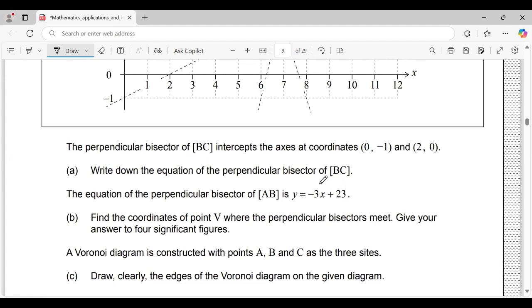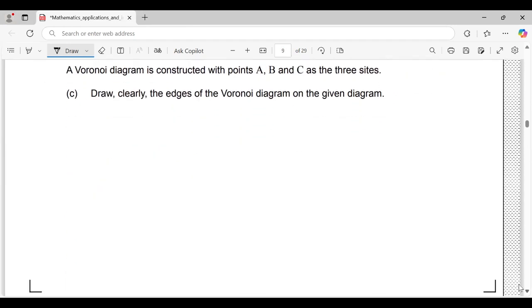Perpendicular bisector BC, this line passes through these coordinate points. So we are going to determine the equation of the function through (0, -1) and (2, 0).